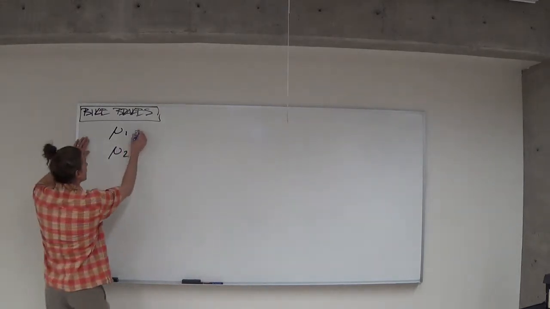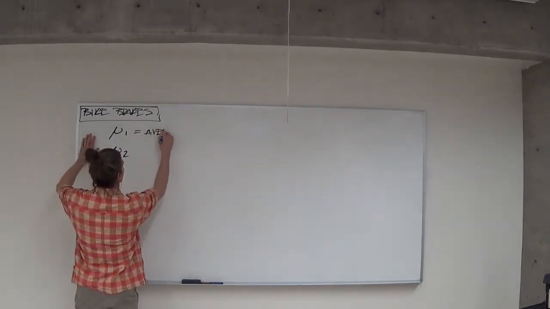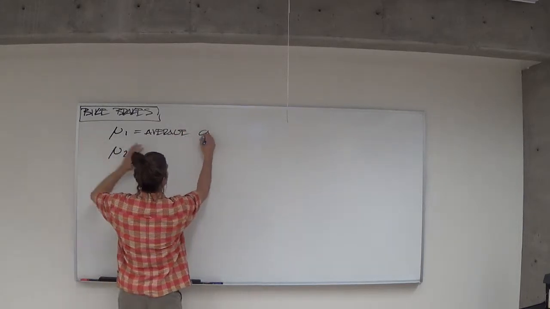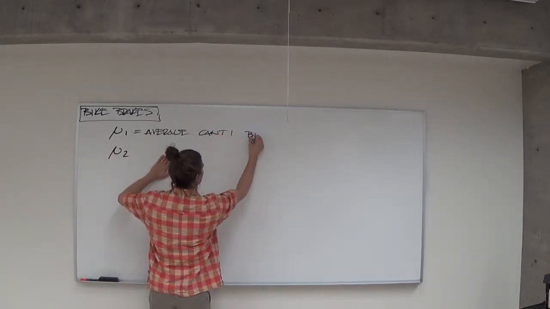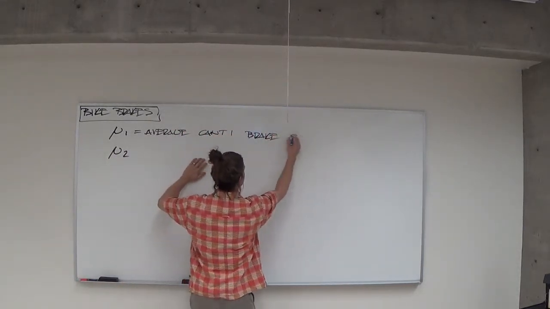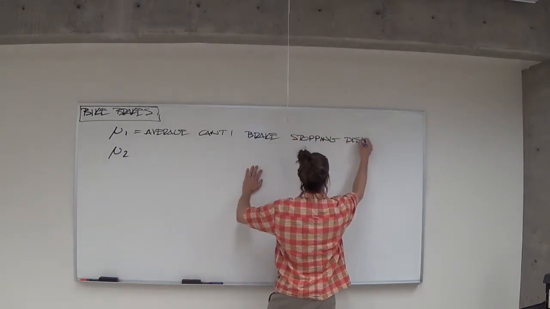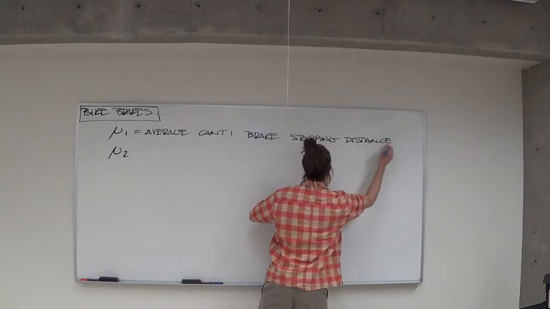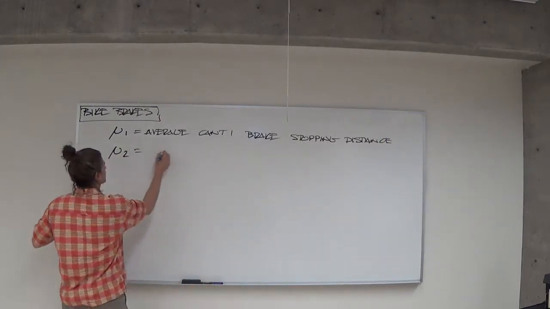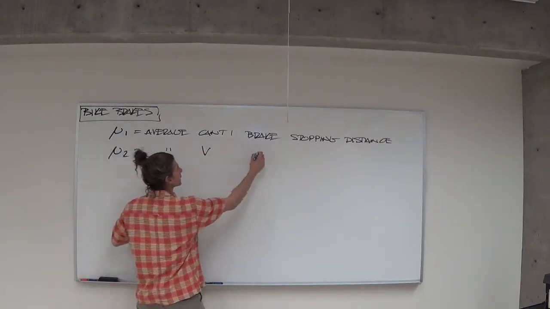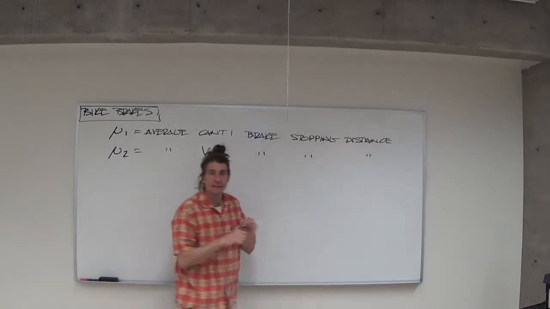This is going to be the average cantilever brake stopping distance. And mu2 is going to be the average V brake stopping distance.